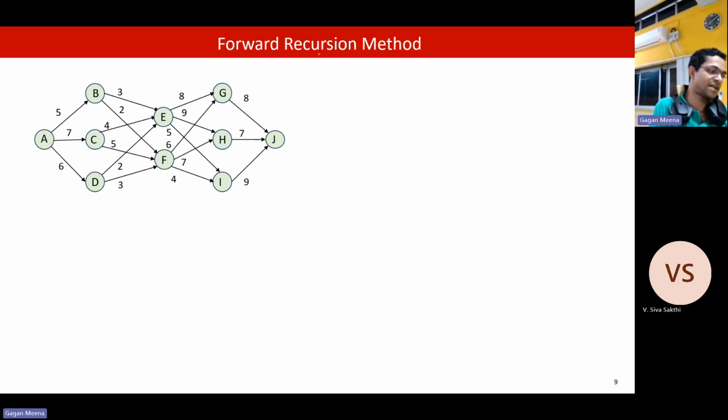We are starting from the last node and we move backward. So here number of stages are stage 1 is this, stage 2 is this, stage 3 is this, and stage 4 is this. We have 4 stages, so n is equal to 4 here.